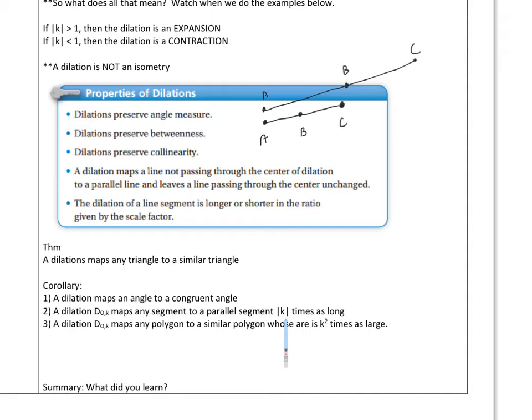It'll be K times as long, absolute value, that's our scale factor, and the area, that should say area, as we fixed in the previous chapter, is K squared times as large. Okay, so none of that has changed so far.